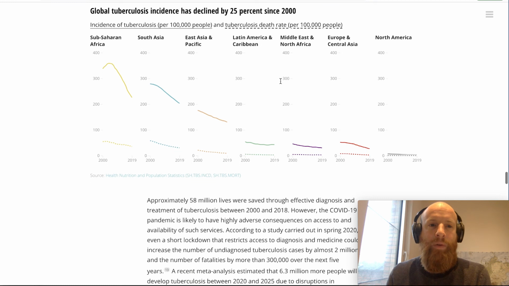We did the same thing for tuberculosis. Here we are showing the incidence of TB in all regions, and you can see it's going down. In the beginning of the century, it was still rising in sub-Saharan Africa, but the incidence is now also improving. We also have the death rate on the chart, which are the dotted lines here.